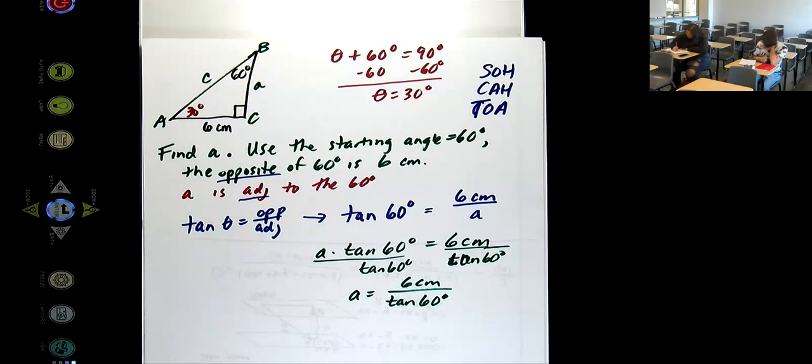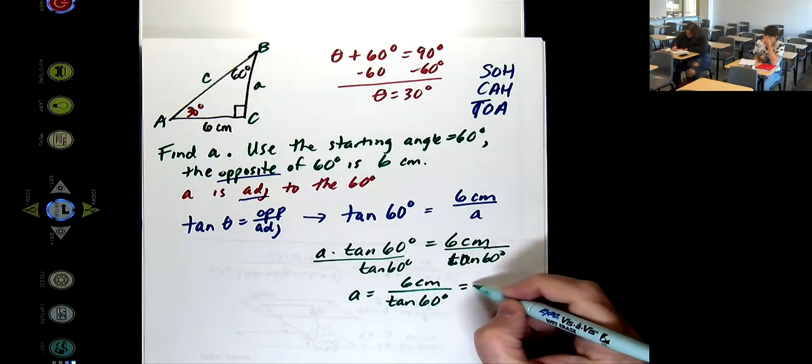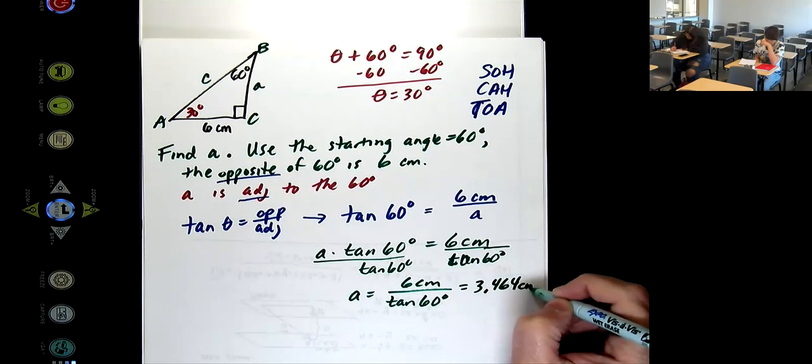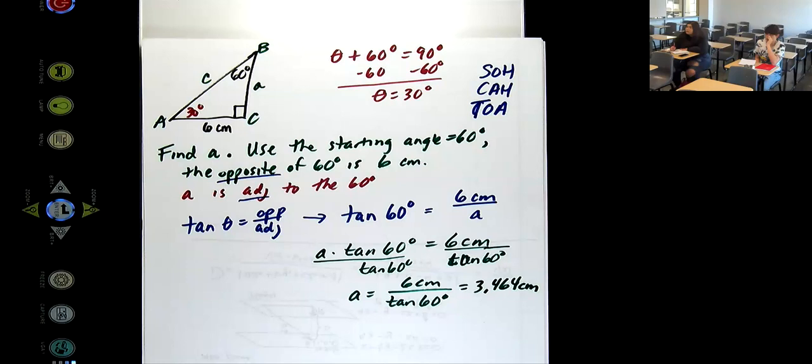Six divided by tangent of 60. I'm getting 3.464 to 3 decimal places. And that's A.